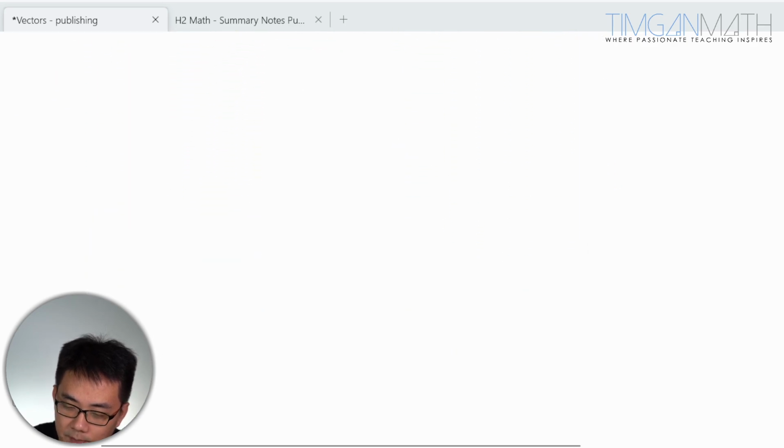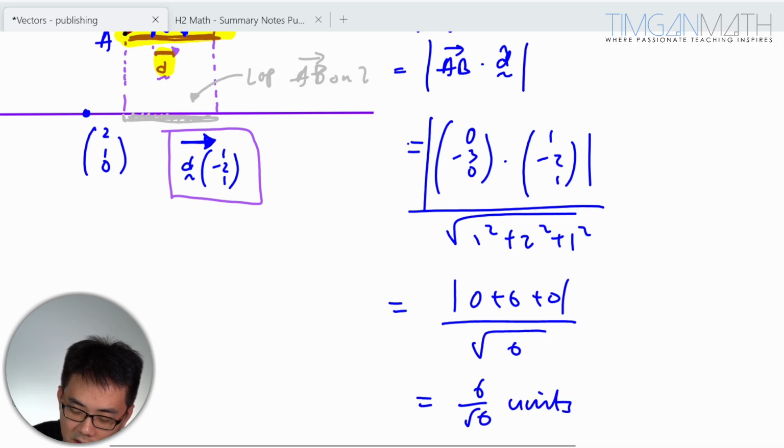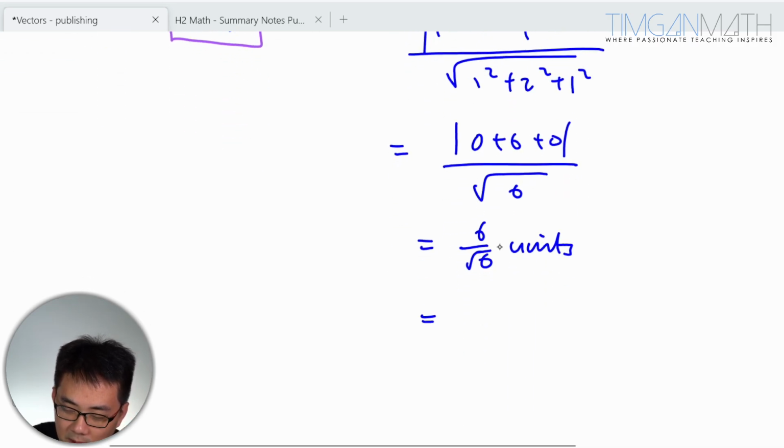This will just be 0 plus 6 plus 0, over square root 6. So this is 6 over root 6 units. Multiplying by root 6 on top and bottom, you will get root 6 units.